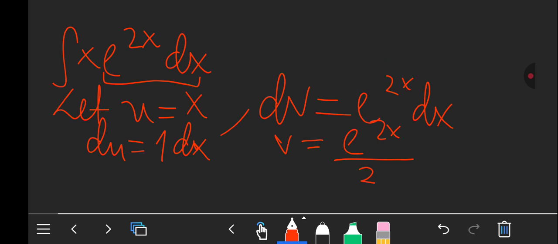Then we apply the formula: integral of u dv is equal to uv minus integral of v du.